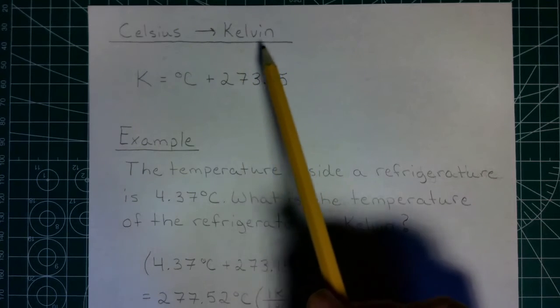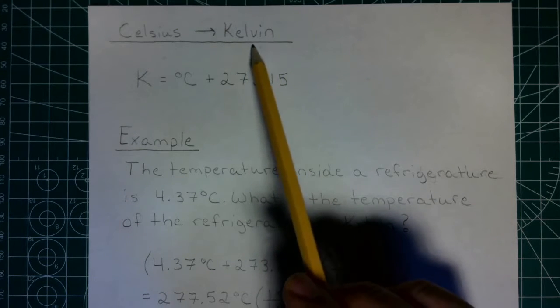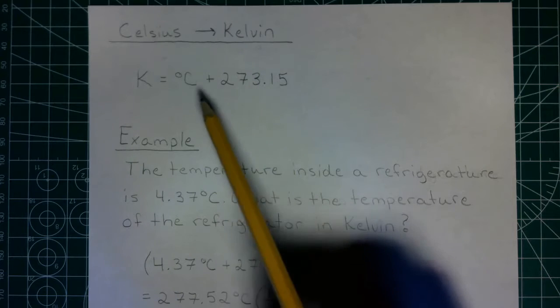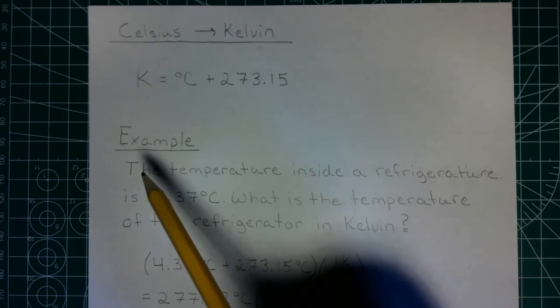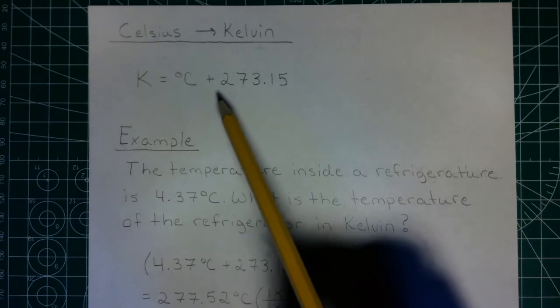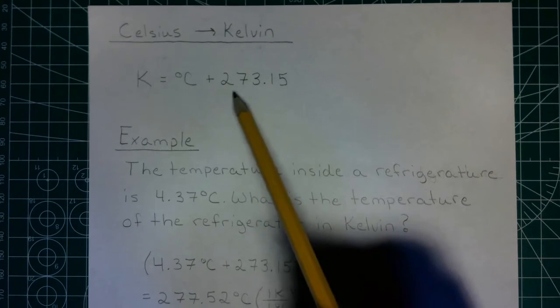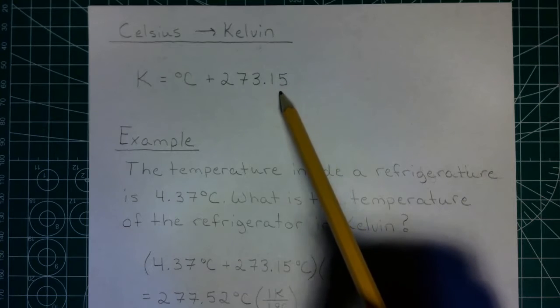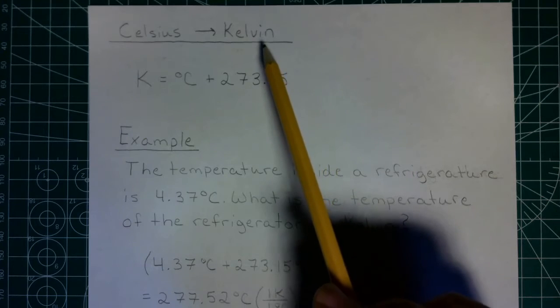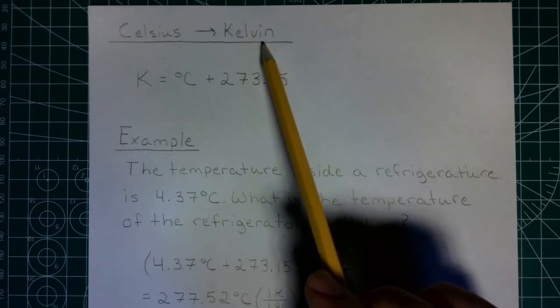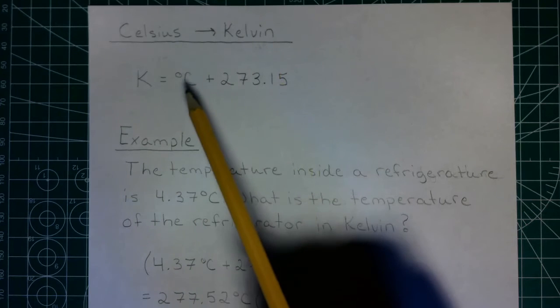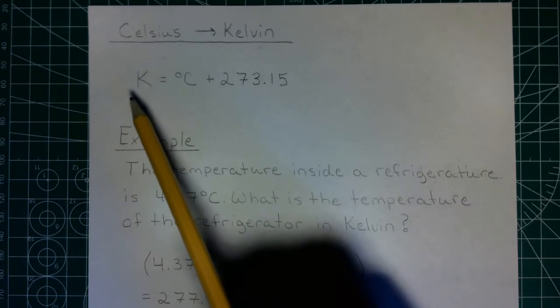He set up this scale where 0 Kelvin is the absolute coldest temperature that anything could ever be, and it just happens to be negative 273.15 Celsius. And then he also set it up so that each one of the Kelvin units is going to be equal to a unit of Celsius.